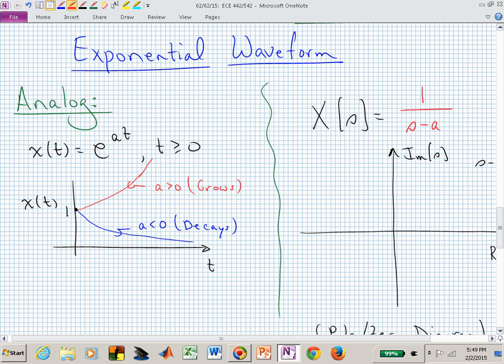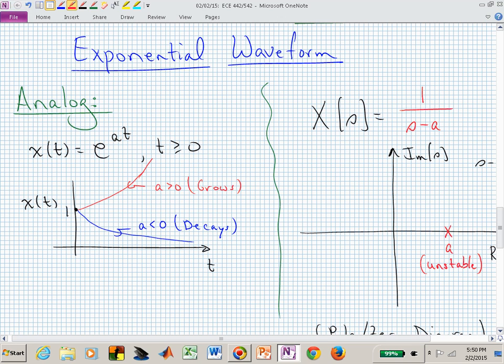So this is actually correct if A is positive. It's in the red, which is consistent with that red curve. This now gives us one pole, a real pole, on the positive side of the S-plane. Here is now an A, which is positive, which would correspond to this growing exponential, this exponential rise.